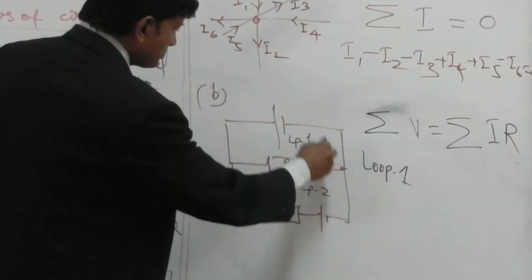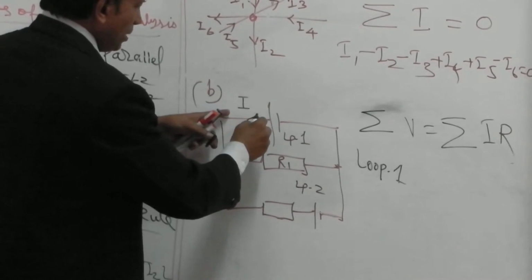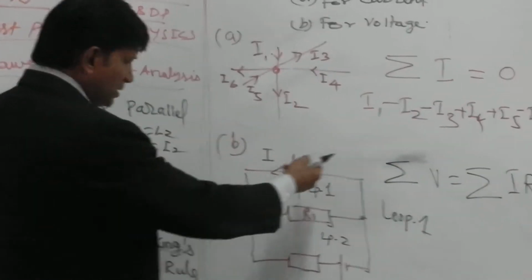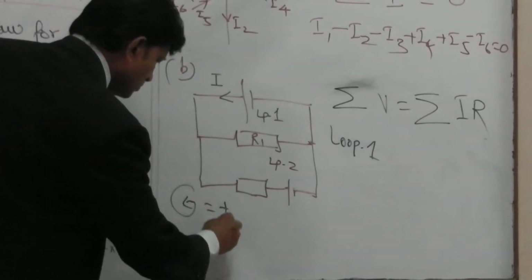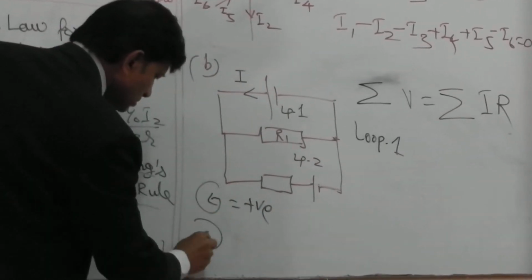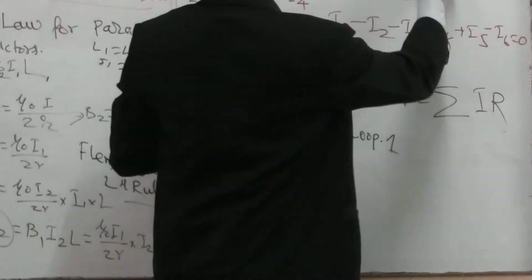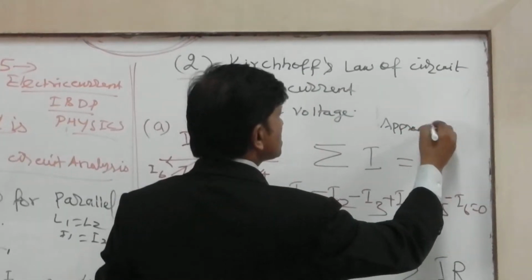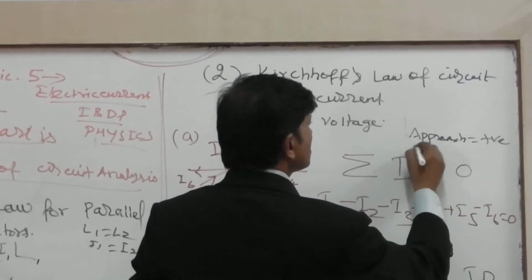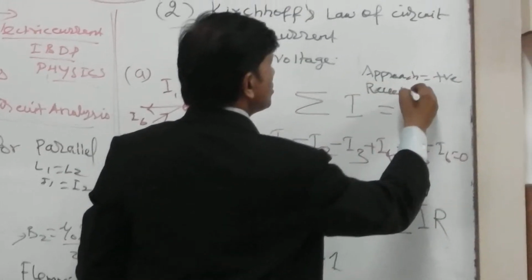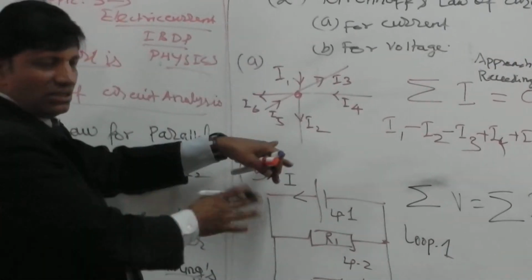You take this loop, and this is the current I. In advance you decide: I will take anti-clockwise as positive and clockwise as negative. Here approaching is positive, receding is negative. You can reverse it, but apply the same condition for all the circuit.